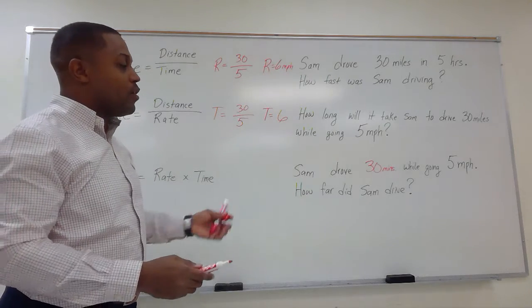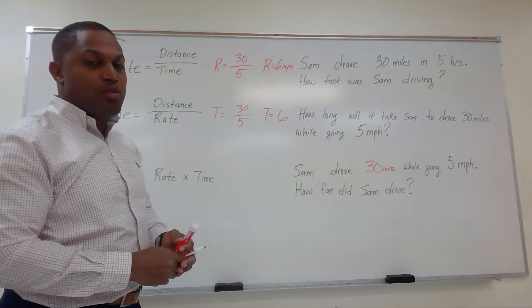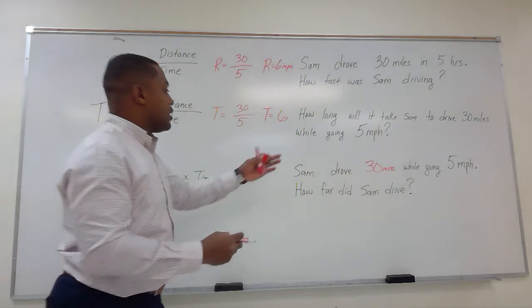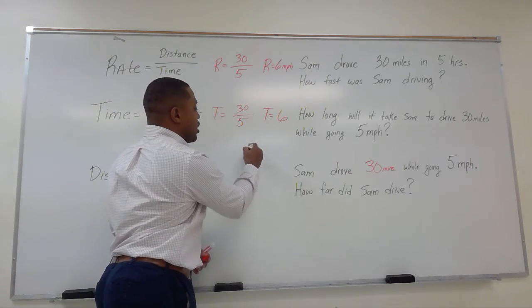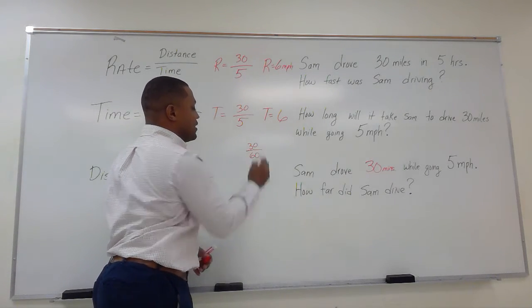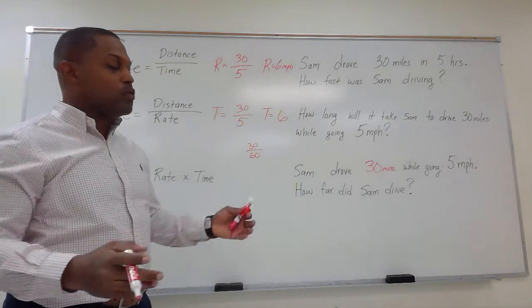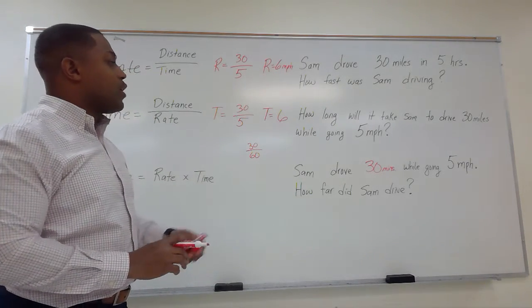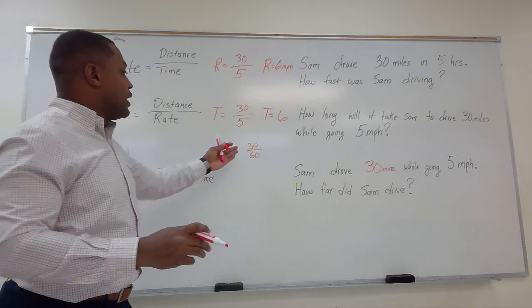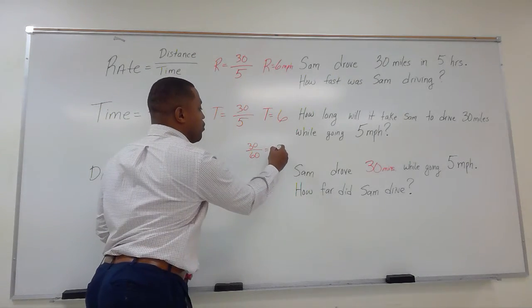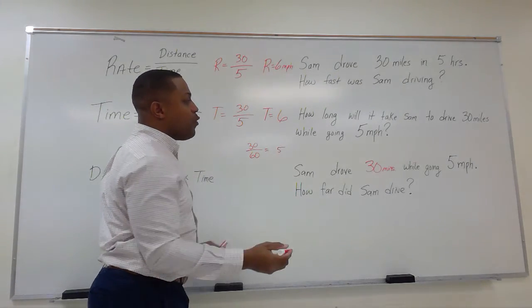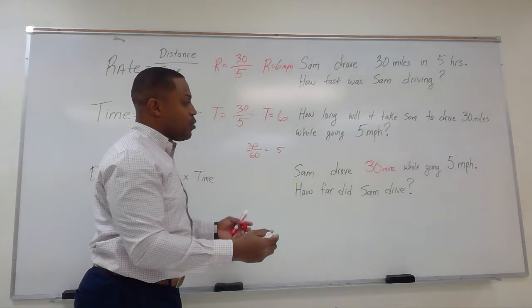How we convert any amount of minutes into hours is simply to put what we have in minutes over 60, because 60 minutes gives us 1 hour. You know that. And that's going to give us 0.5. So now we can work the problem out.